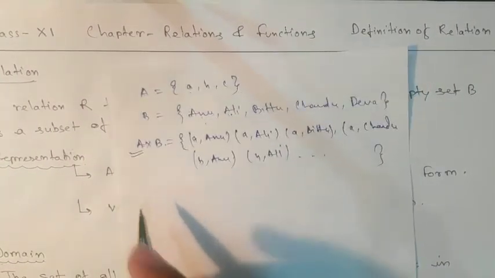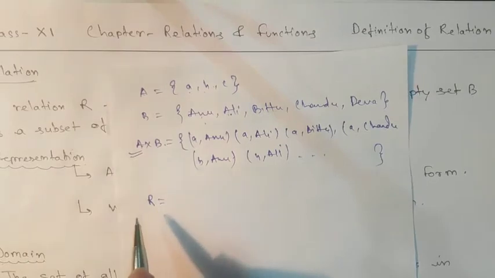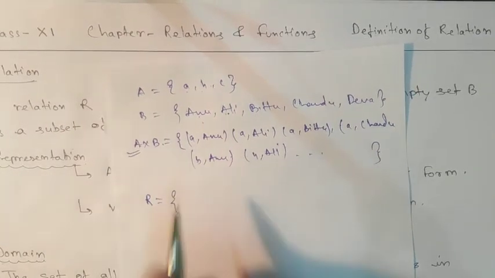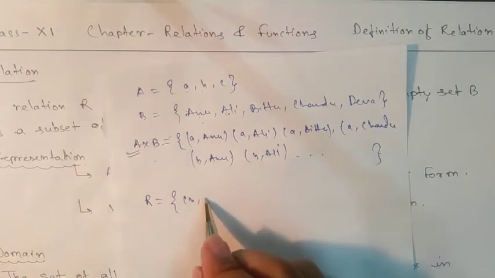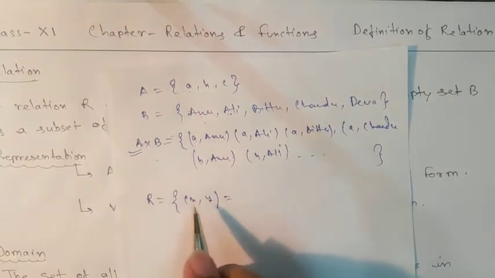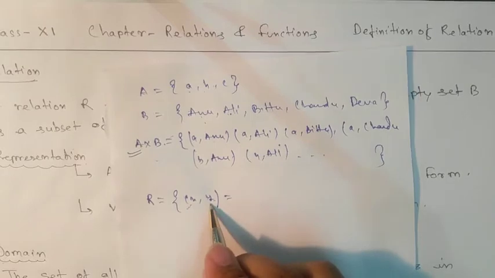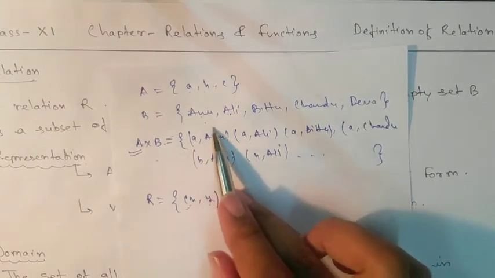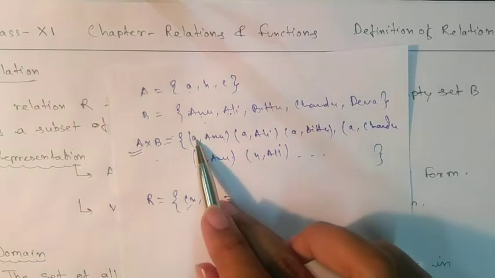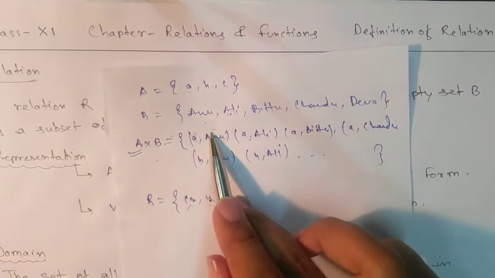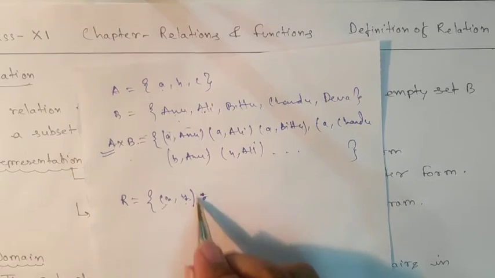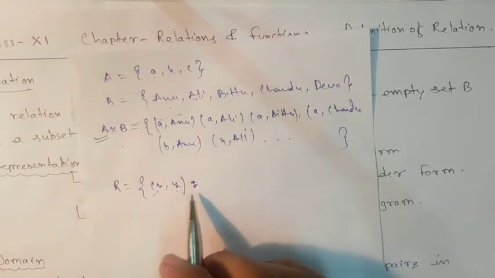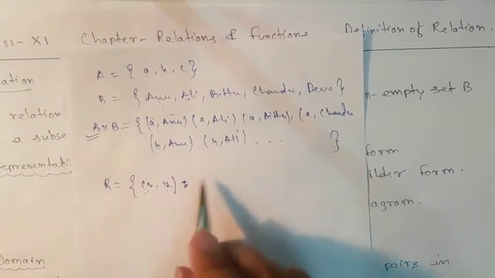Now we'll choose a set R such that it is a subset of A×B, and here we have a relation between these two parts, that means a relation between the A part and the B part. Let's see how we're going to define this. Here we are taking roster form.